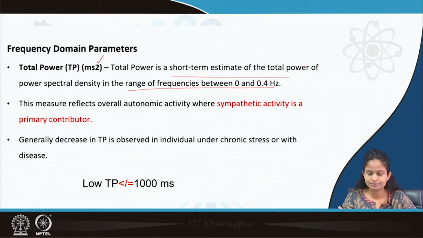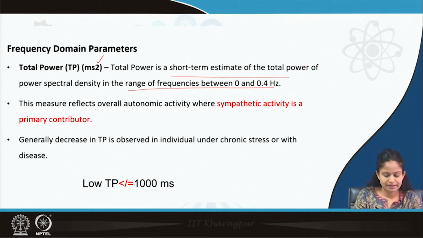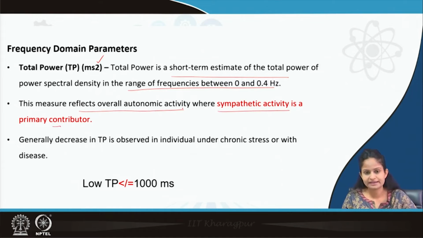As I told you, total power reflects the overall autonomic activity. It is similar to that of the SDNN of time domain measures. So, the primary contributor is actually sympathetic activity, though it reflects overall autonomic activity.